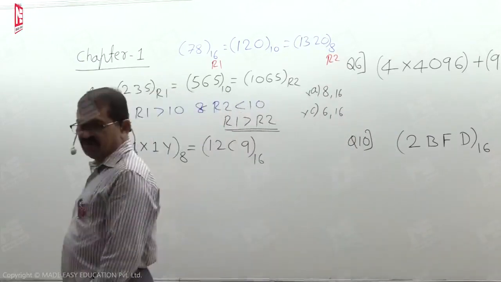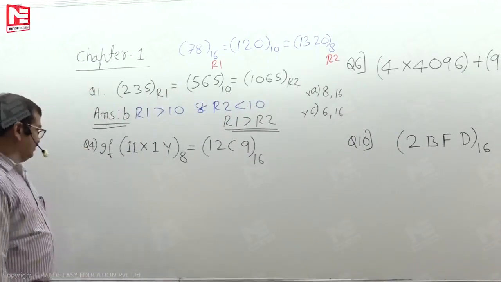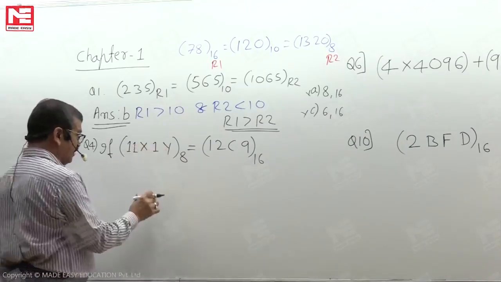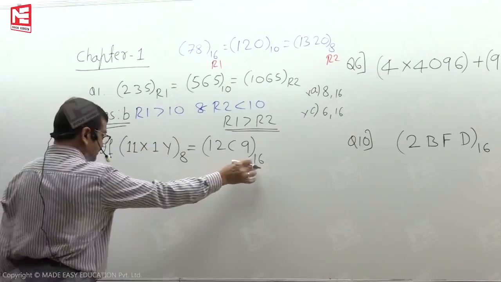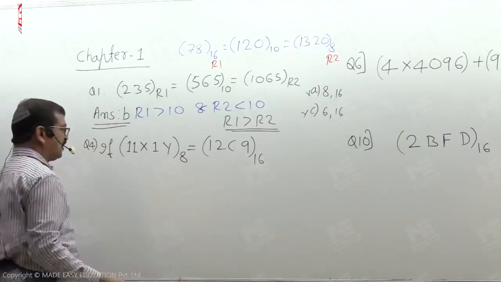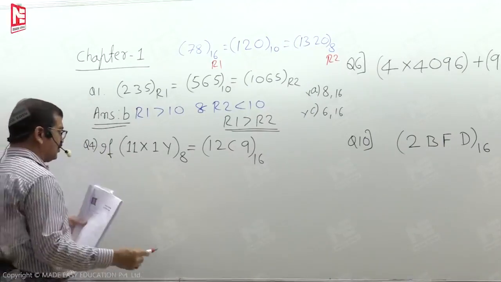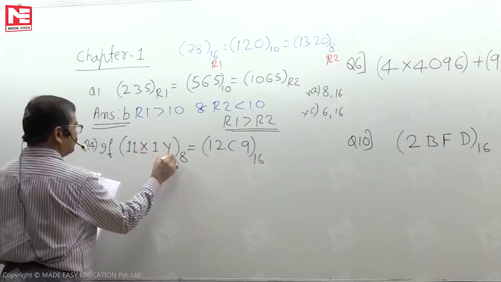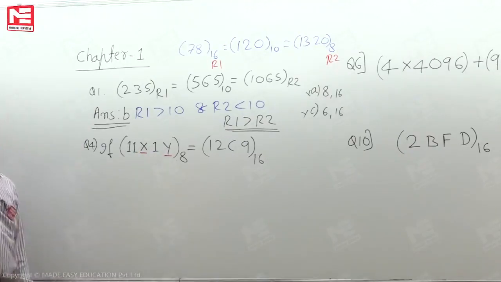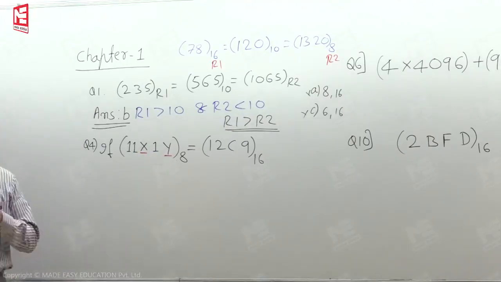Coming to question number 4, we have the same number represented in hexadecimal format and in octal format. The question is, what are the values x and y? X and y are related to the octal number representation.